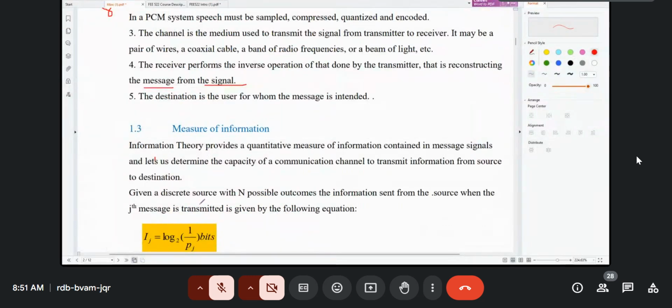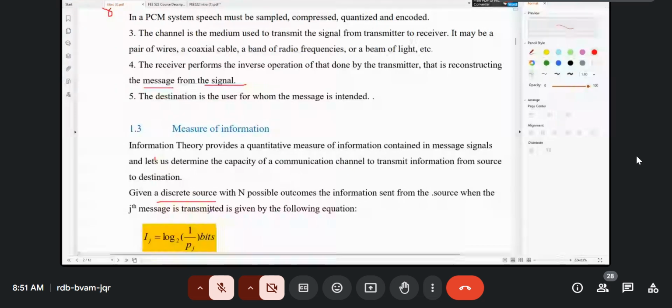And if you are given a discrete source, so note we are using a discrete source, and in this case the source we will be dealing with is a memoryless source, where the current output only depends on the current input.